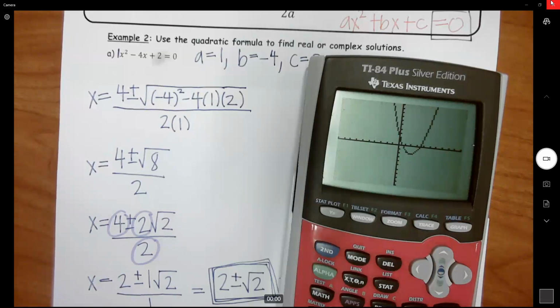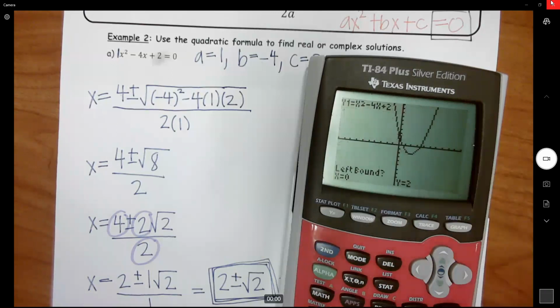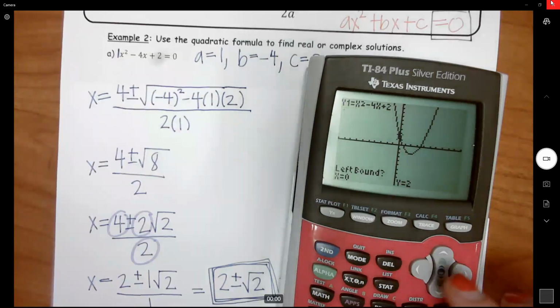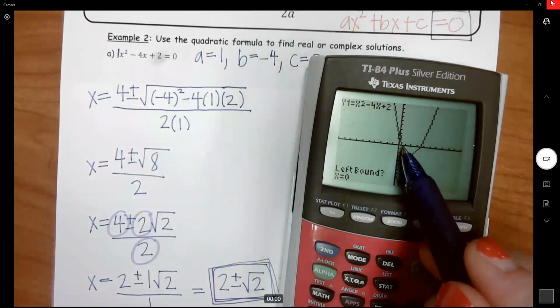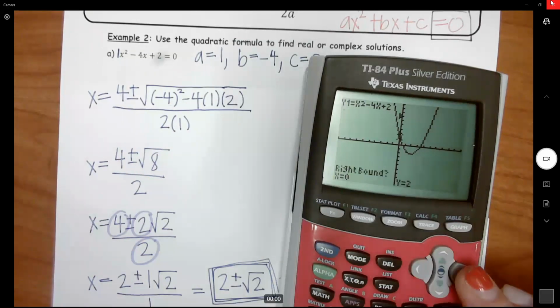And here's my graph. If I come up here to calc, I'm going to go second calc and go to 0. Another name for this is finding the x-intercept or the zeros of your function. And it's finding a 0 because you're finding it when y equals 0. If I want to find this first one here, it wants the left bound, and I am to the left of it. So I'm going to hit enter.